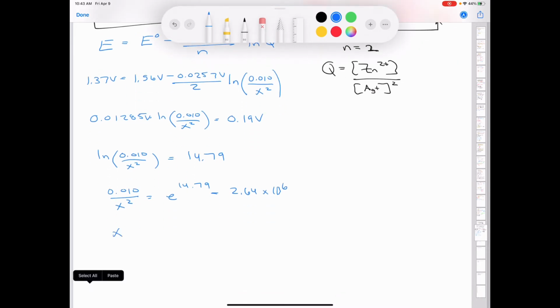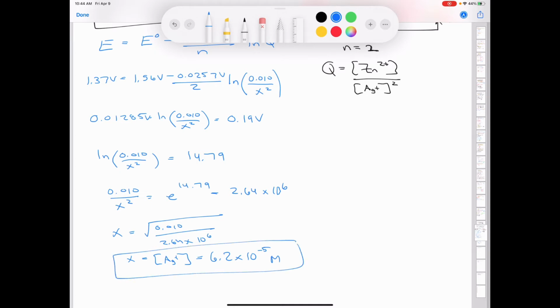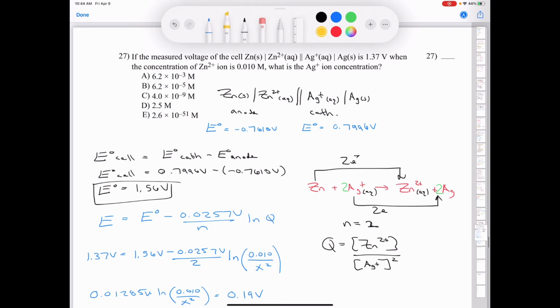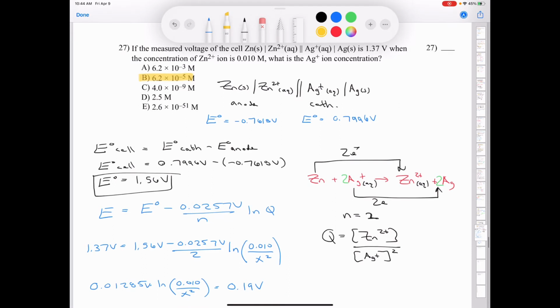Then I get that x is going to be equal to the square root of 0.010 divided by 2.64 times 10 to the power of 6. So I get x, which is equal to the concentration of my silver ions, is equal to 6.2 times 10 to the negative 5, so it must be moles per liter. And the answer is B, 6.2 times 10 to the negative 5 molar.